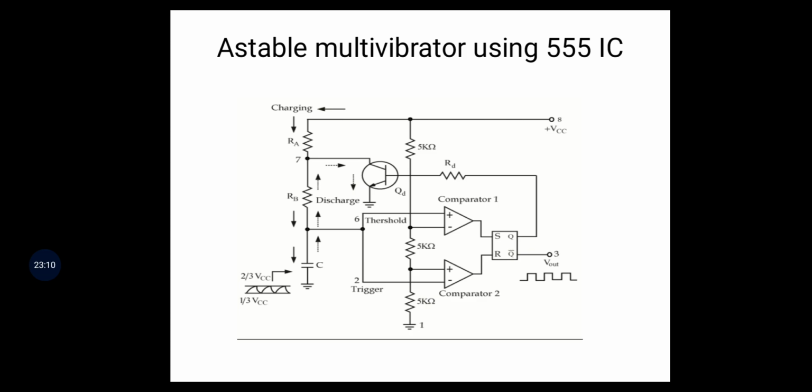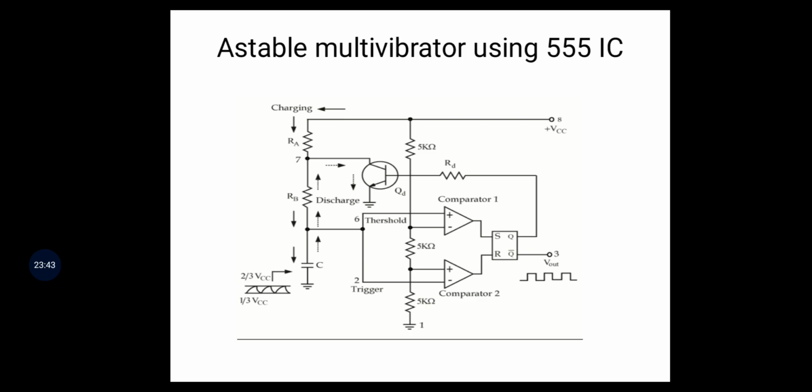The charging time constant is (RA plus RB) times C. The capacitor voltage is also the threshold voltage. While charging, the capacitor voltage increases, that is, the threshold voltage increases. When it exceeds 2/3 VCC, then the comparator 1 output goes high, which sets the flip-flop.